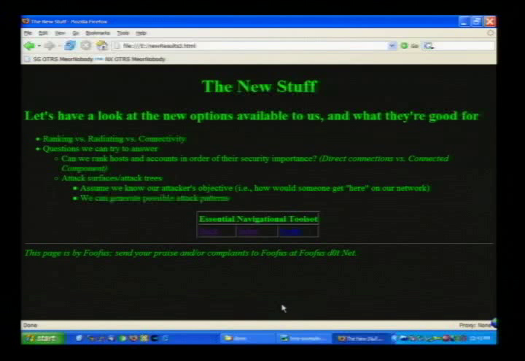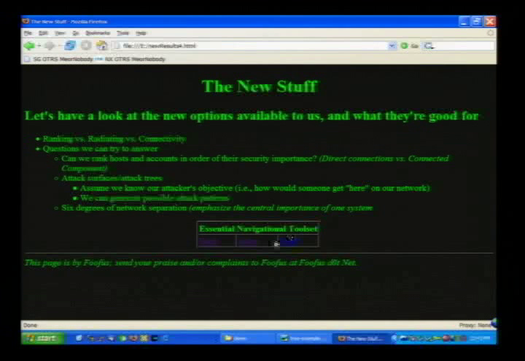So we can start asking things like, can we rank hosts in order of their security importance? So things that are directly connected to other things versus things that are connected indirectly. If we know what we're interested in protecting, can we say all of the different paths to it via transitive trust? Those are the sorts of questions I'm hoping we'll be able to answer with our newfangled tools.